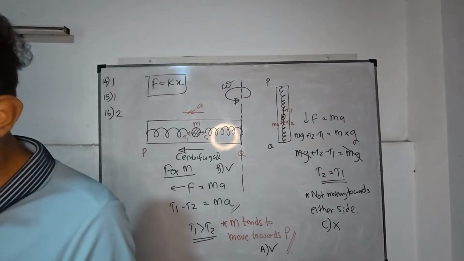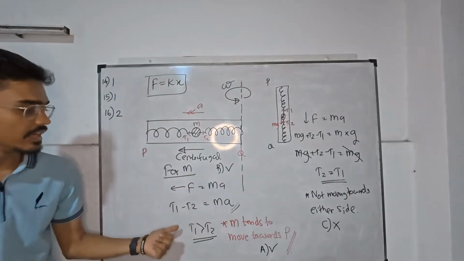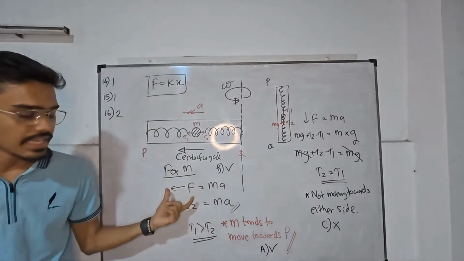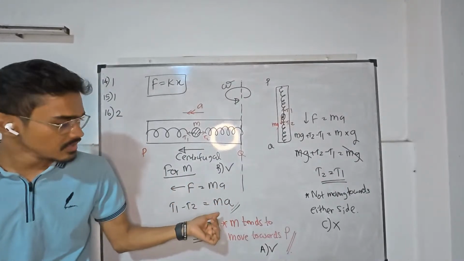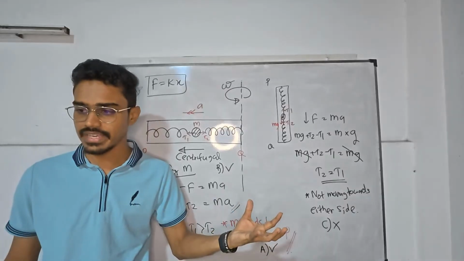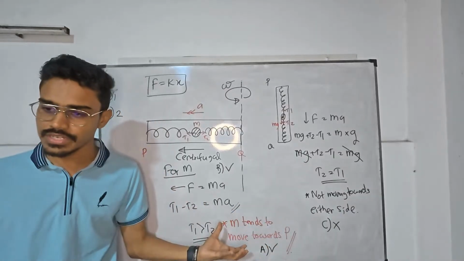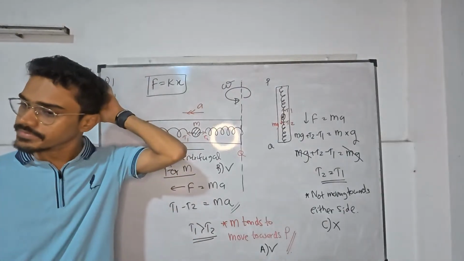Can you explain how A and B are correct again? Okay. First one, about A. Now, if we try applying F equals Ma towards this direction, since acceleration is positive, the right hand side of the equation is positive. So therefore, the left hand side should also be positive.